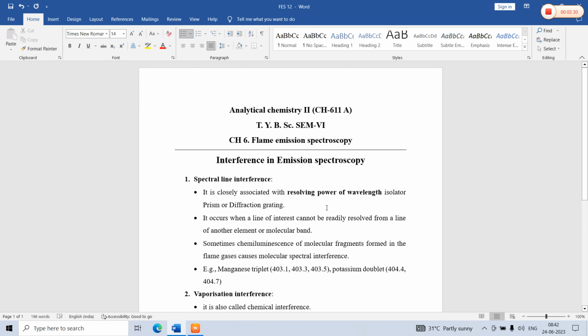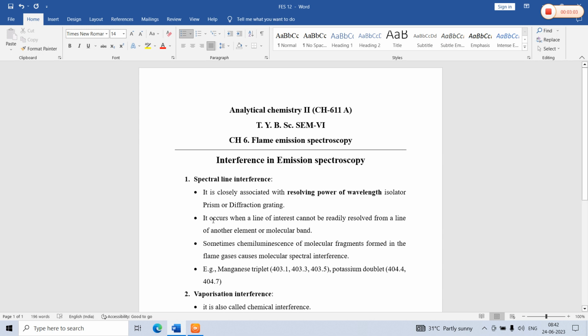Prism or diffraction grating acts as a monochromator in the instrumentation, and it isolates the selected or desired wavelength. But sometimes interference takes place, and it is associated with the resolving power of the wavelength isolator, that is the prism or diffraction grating.